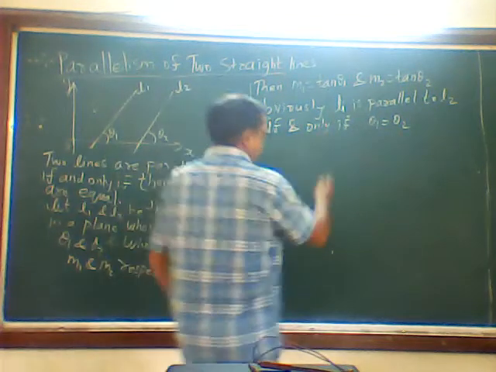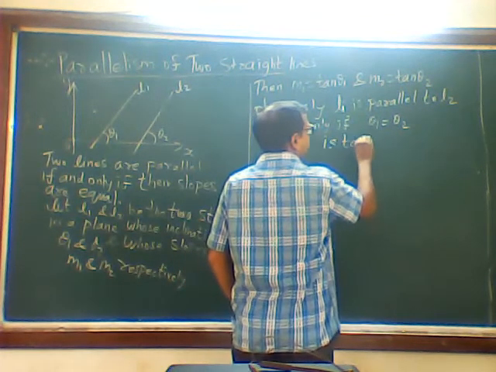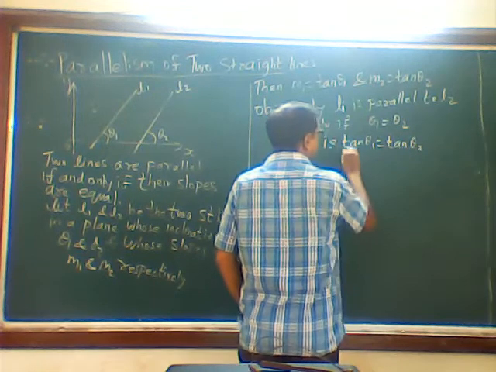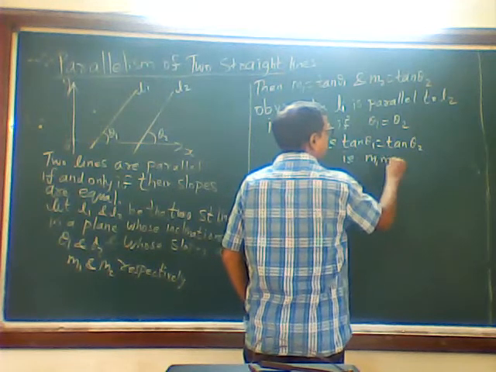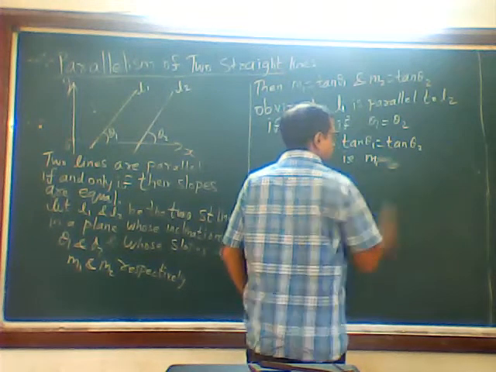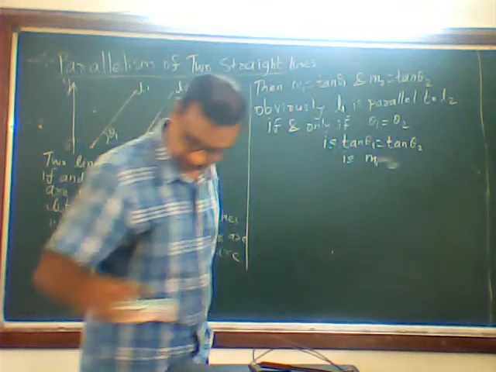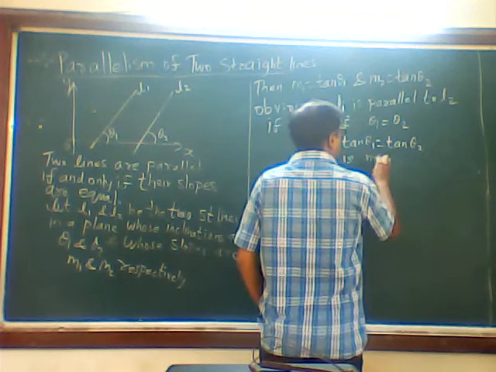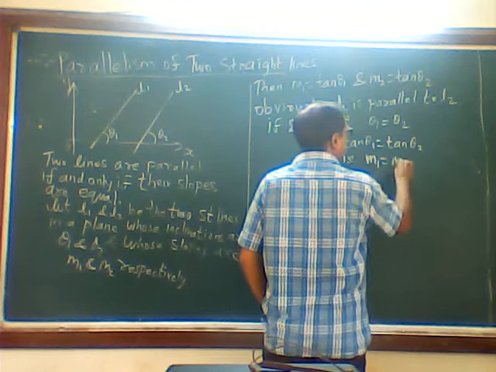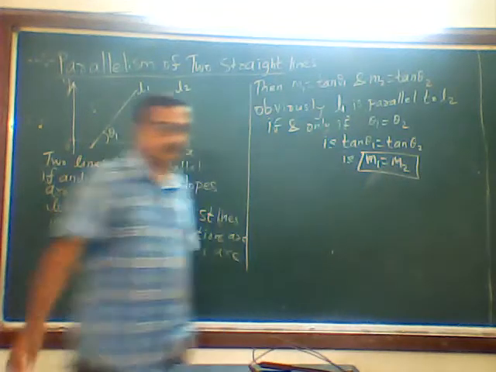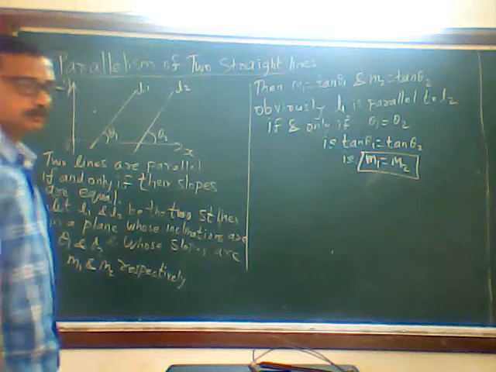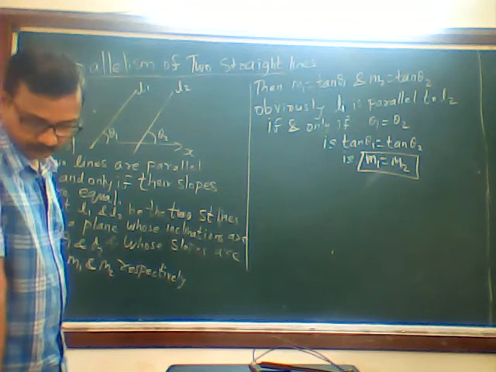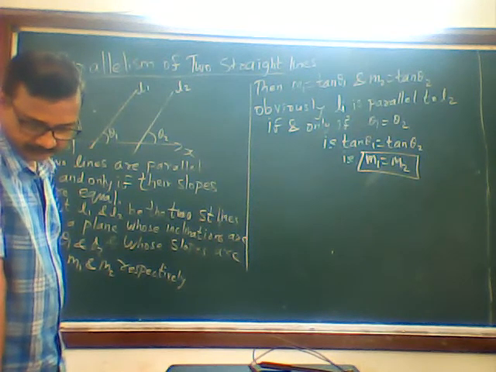That is, tan theta 1 is equal to tan theta 2. That is M1 is equal to M2. So we are going to say two straight lines are parallel to each other if their slopes are equal, that is M1 is equal to M2. That much you have to keep in mind.